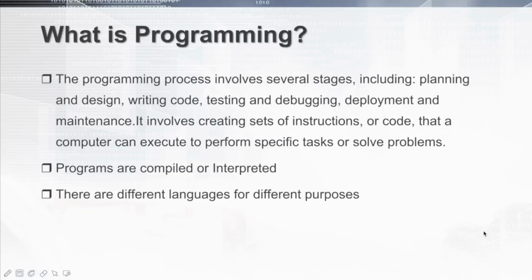Once the application meets the requirement, you can go ahead to deploy, and after deployment you maintain, make sure that everything works properly at all times. That's what maintenance is. These are the stages, and we call this software development life cycle. If you have ever heard of that, these are the phases we have in the software development life cycle.